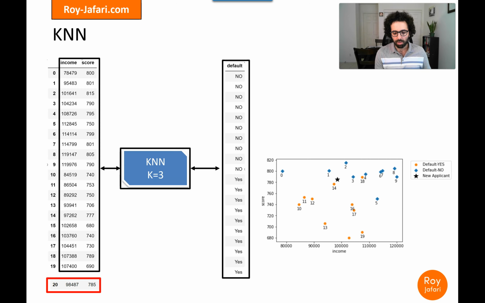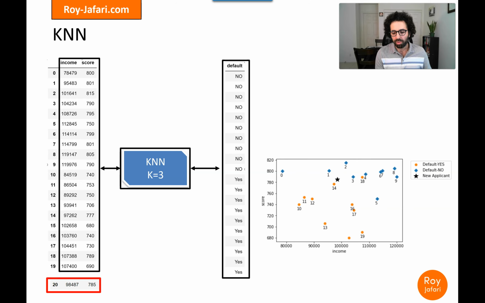In this example, we have these two independent attributes, and we have 21 data objects. We draw these on this scatter plot.